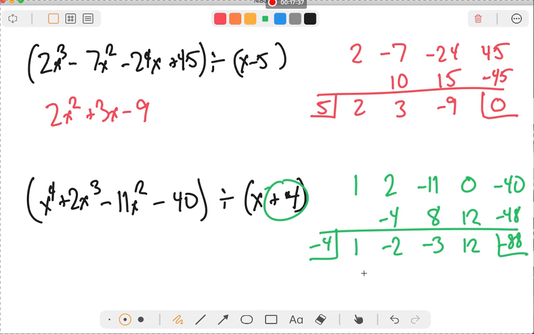So this one does have a remainder. So it was x to the 4th. So my answer is going to be x to the 3rd minus 2x squared minus 3x plus 12. And then we have my negative 88 over x plus 4. A lot quicker than long division.